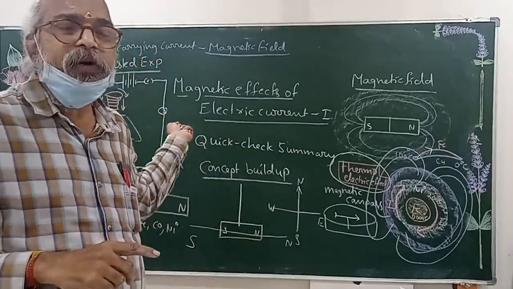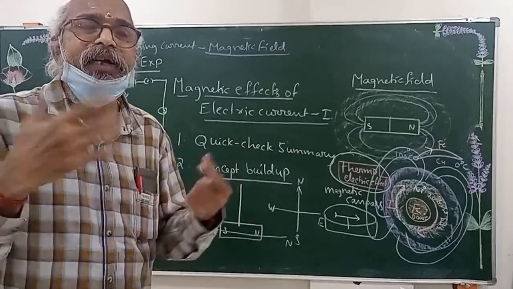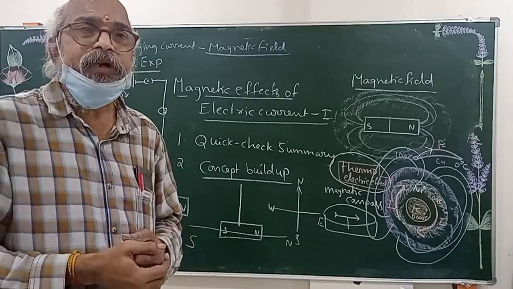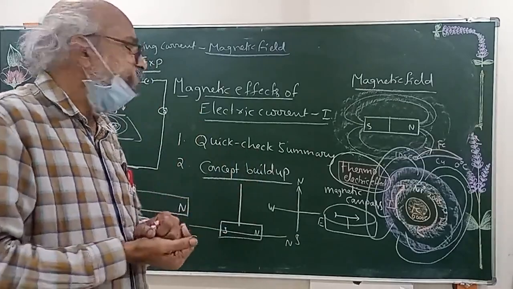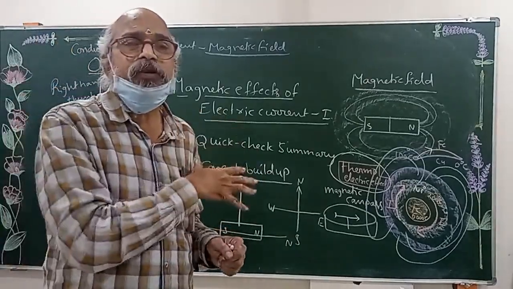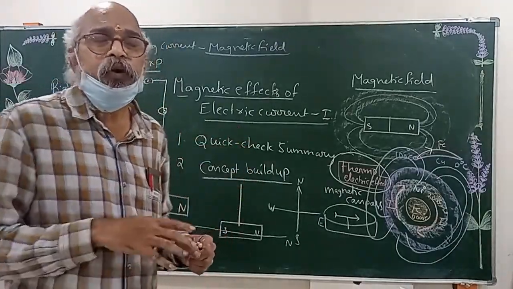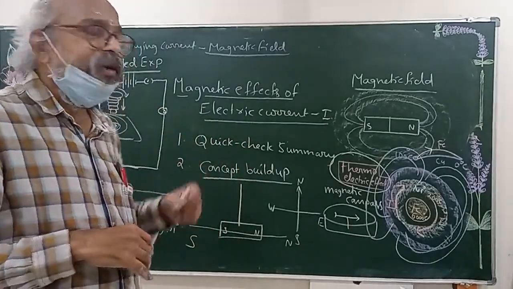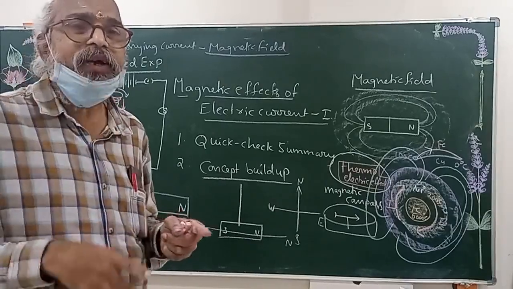After this particular aspect, we will go to the force acting on the conductor, that will be in the DPT 2 part. So please take care of the first part, quick check summary, and second, concept build up, establishing the fundamentals, and give the students a proper clue to analyze and understand all these aspects. Four experiments are to be taken care of.